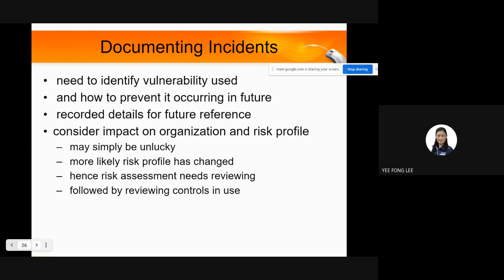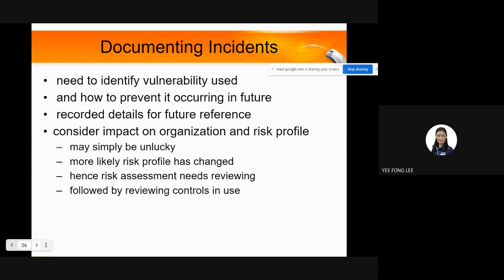The impact on the organization system and the risk profile must also be reconsidered as a result of the incidents. It's possible that some incidents are rare occurrences, jarang berlaku. The organization may just be unlucky to encounter this kind of incident.